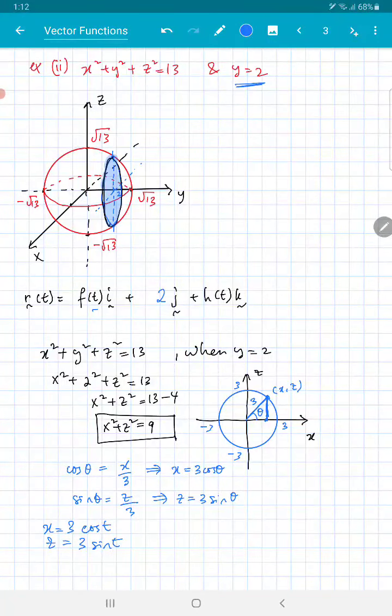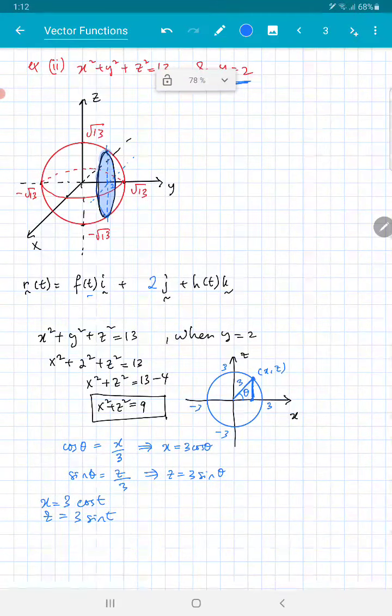So we get the vector valued function for the intersection curve between the sphere and the plane y equals 2.